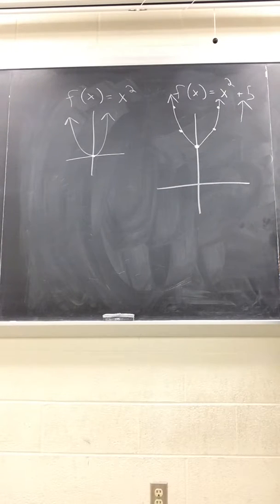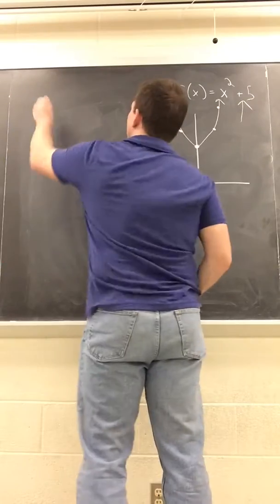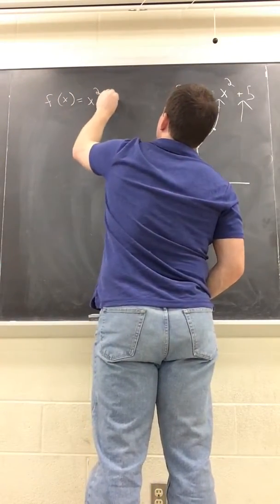Essentially what it tells us is, anytime we add outside of our function, where the square is the original function, then we add 5 to it. Once we add outside of our function, we just shift our graph up. So, suppose we have f of x equals x squared minus 4.